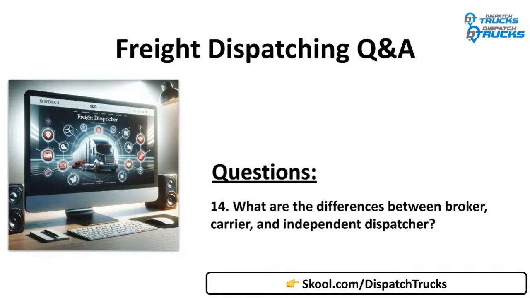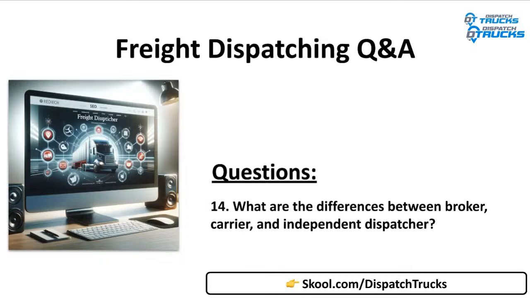So the independent dispatcher plays a crucial role in trucking. Independent freight dispatchers represent the carrier, meaning they help find loads that have been posted by the broker, where the broker gets loads from a shipper, and they post loads on platforms called load boards like DAT and Truck Stop. So this is how the system works. There are four players: shippers, brokers, carriers, and independent freight dispatchers.